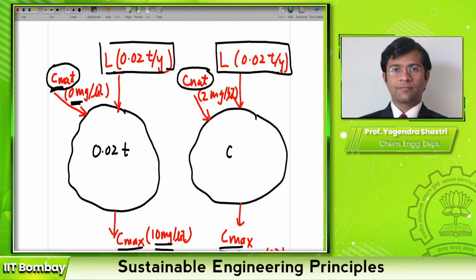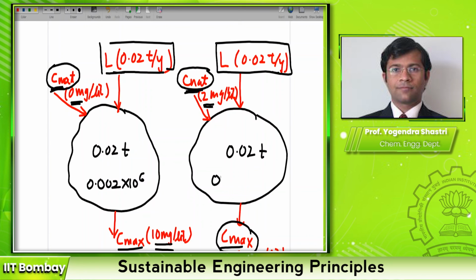In the second case, you still have to take care of the same quantity of nitrogen, but the water that is coming in now already has some nitrogen, and therefore in order to reach this particular maximum allowed concentration, you will actually require more water. And that is what we found. In the first case, the water footprint was 0.002 into 10 raised to power 6.